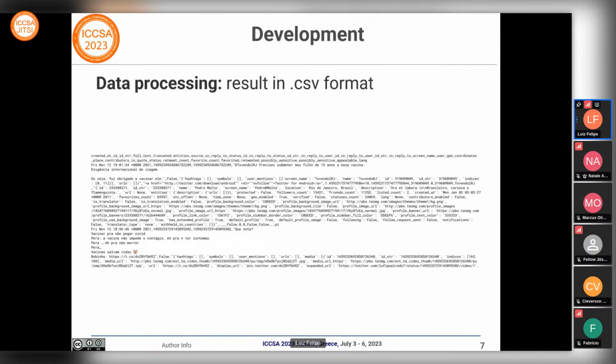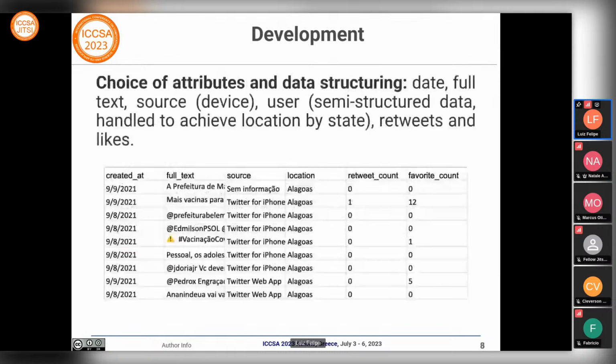Each tweet is returned in CSV format, as you can see. Some attributes are selected because they are important for the analysis. The user field was treated to get the information of the state of origin of the post.